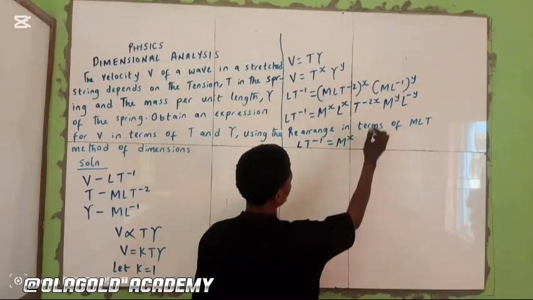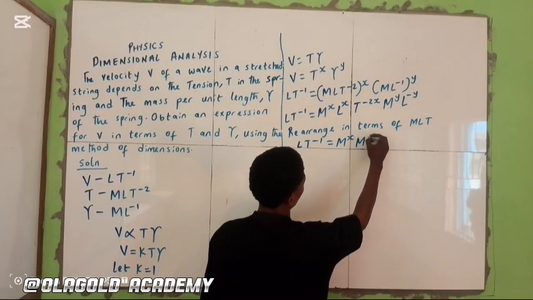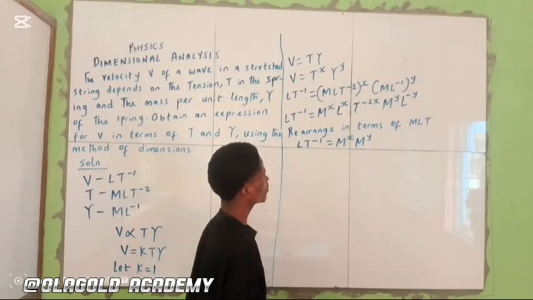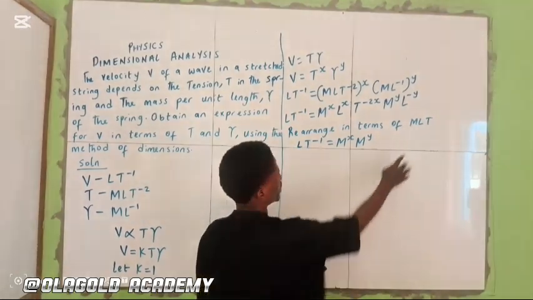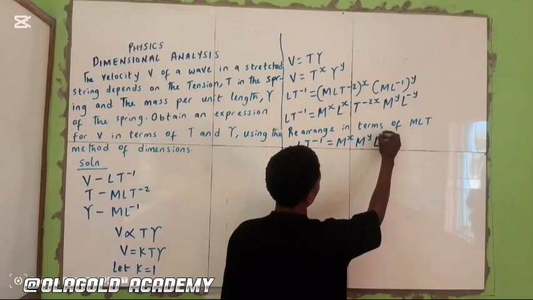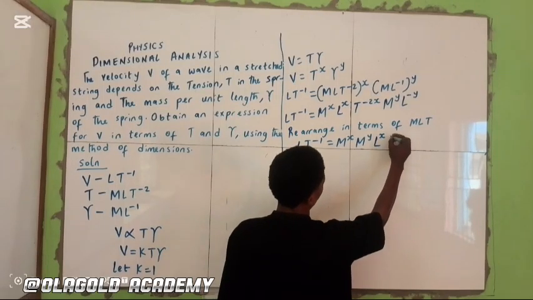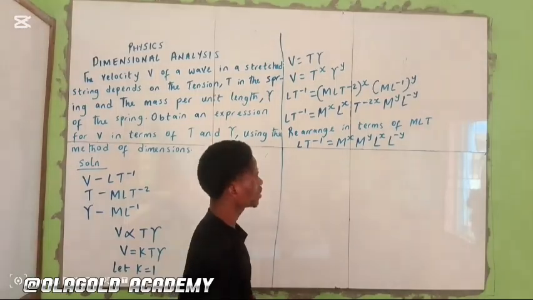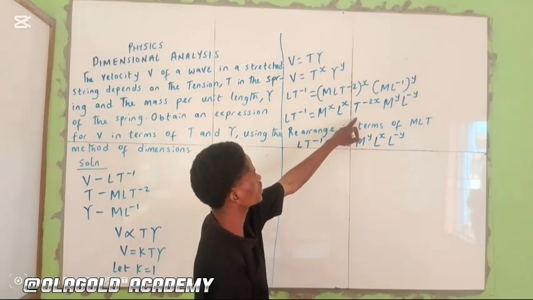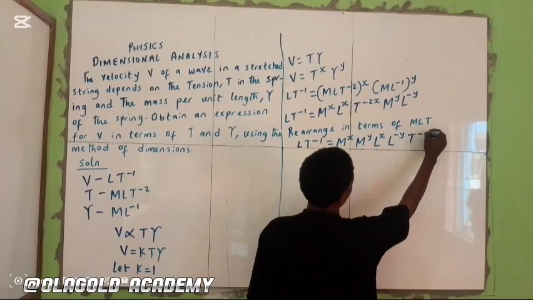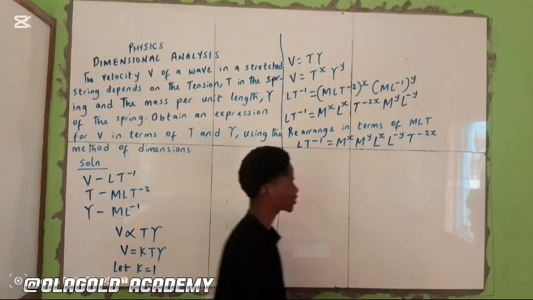Bringing this M here, we're going to have M raised to the power of y. Okay, next is L. So we're going to have L raised to the power of x and L raised to the power of minus y. Lastly, we're going to have T raised to the power of minus 2x.